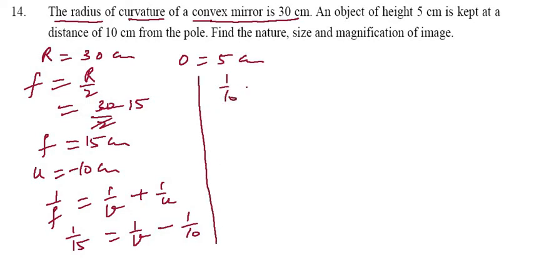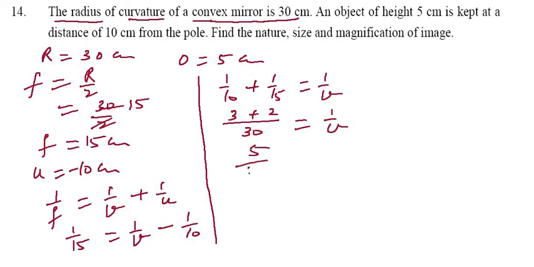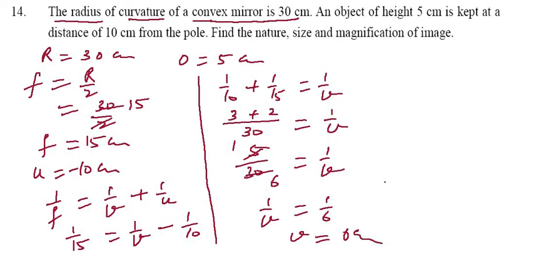So 1 upon 10 plus 1 upon 15 is equal to 1 upon V. Now taking the LCM, that is 30. So 5 upon 30 will be equal to 1 upon V. So 5 ones are 5 and 5 sixes are 30. So 1 upon V is equal to 1 upon 6. So V is equal to 6 centimeters.